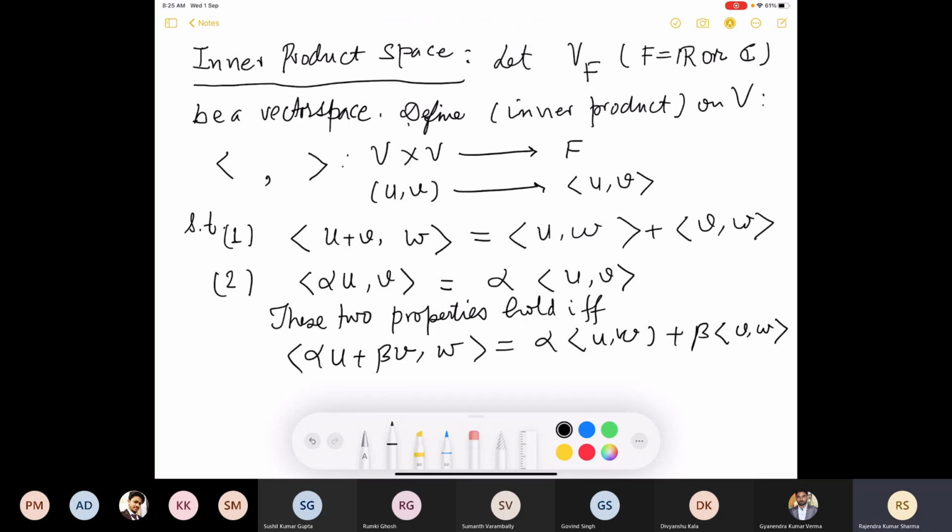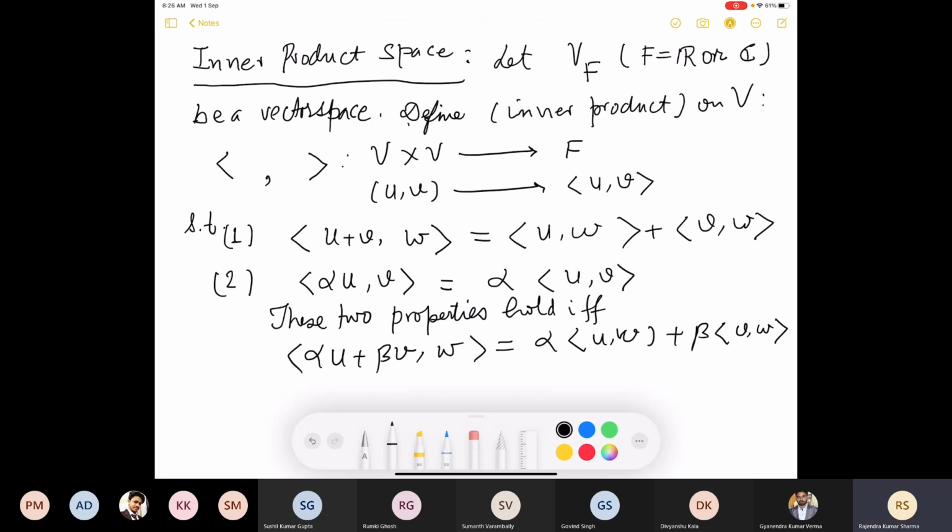In the same way, for v1 you replace by beta v, then this is beta times v comma w. So these two can be combined into one. Either these two or this just one property would suffice.